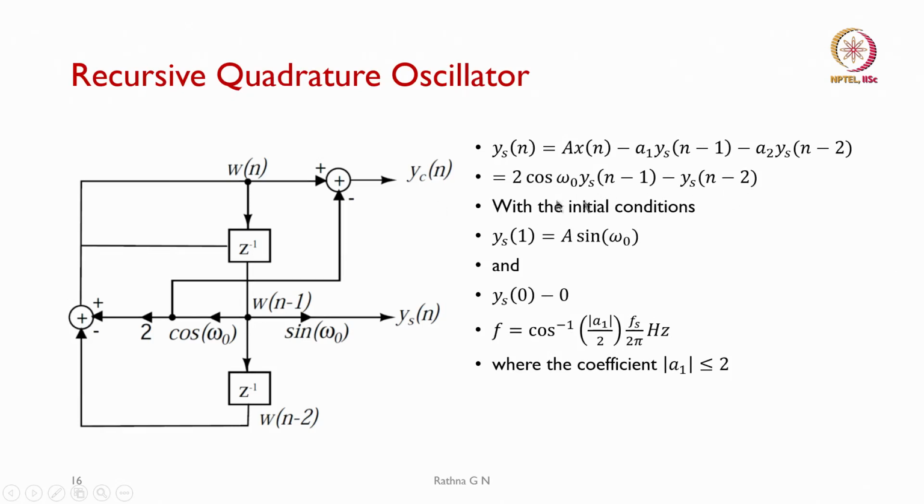With the initial conditions ys of 1 equal to a sin omega naught and ys of 0 equal to 0, I can calculate the frequency as cos inverse of magnitude of a1 by 2, into fs by 2 pi, in hertz. This is the frequency I will be generating, where the coefficient magnitude of a1 should be less than or equal to 2, which we got in our triangular representation.